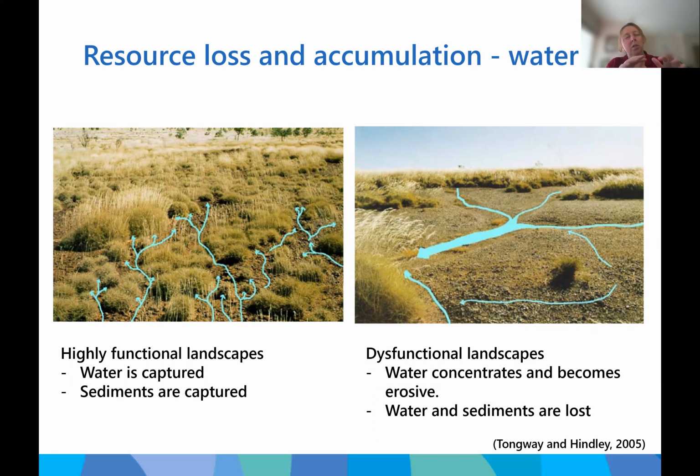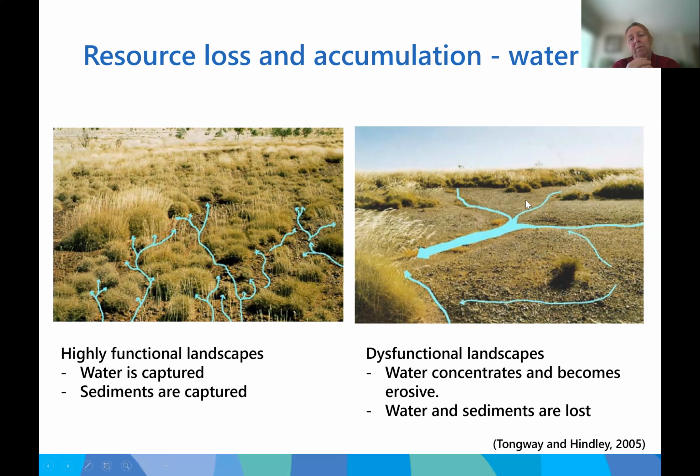So water is captured, and as water is moving through the landscape, any sediments or litter that it picks up are also being captured in those sites. So we've got a lesser or smaller amount of movement of resources across this particular landscape, and where they do move, they tend to accumulate in those small zones where you've got the living organisms happening.